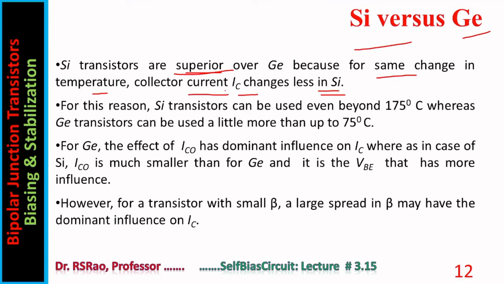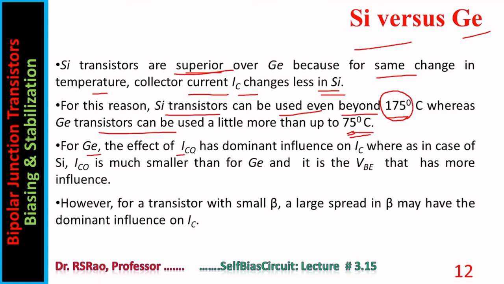For this reason, silicon transistors can be used even beyond 150 degrees centigrade, whereas germanium transistors can be used only up to about 75. So silicon transistors can be used up to 175 degrees centigrade, whereas germanium is limited to 75 degrees centigrade.